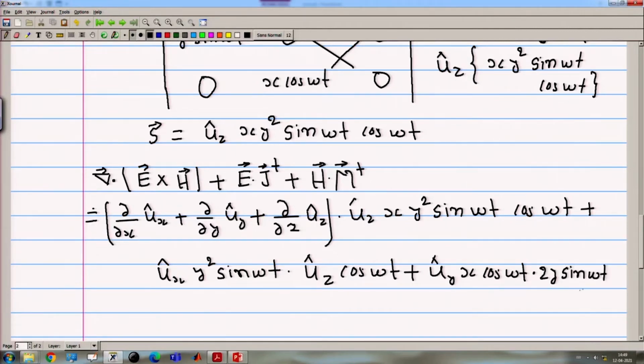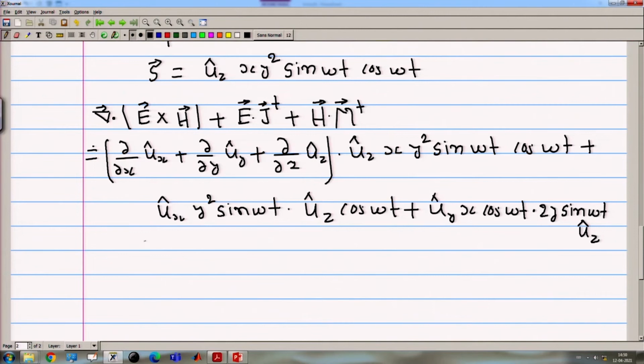In the first part, U x dot U z will be 0, and U y dot U z will be 0. So, only this term will be there: del by del z, U z dot U z. U z dot U z is 1, but differentiation with respect to z of x by a square sin omega t cos omega t will be 0, because there is no z term in the expression.